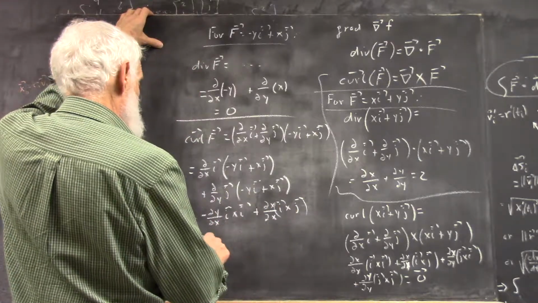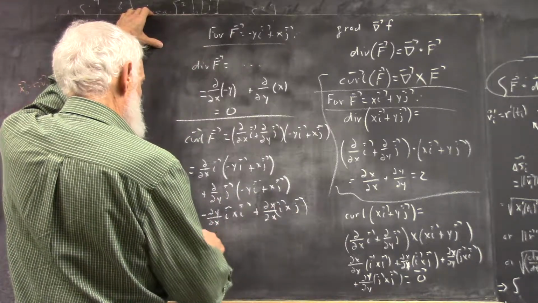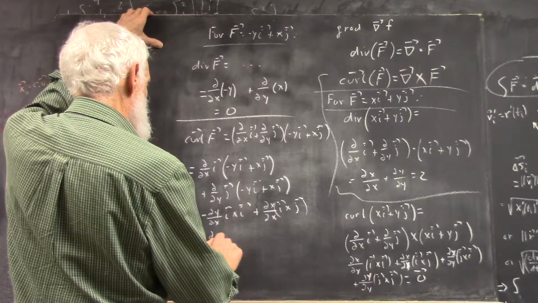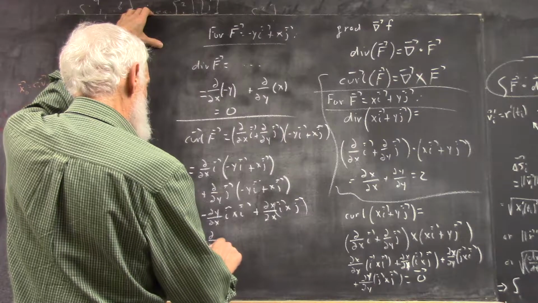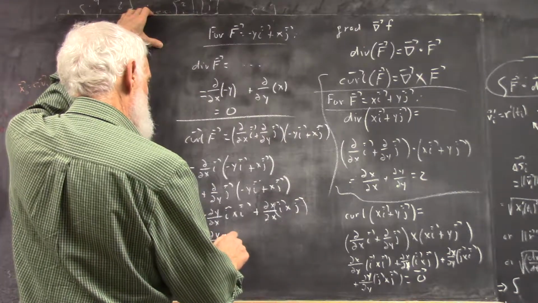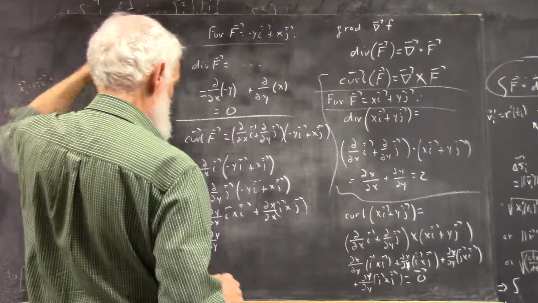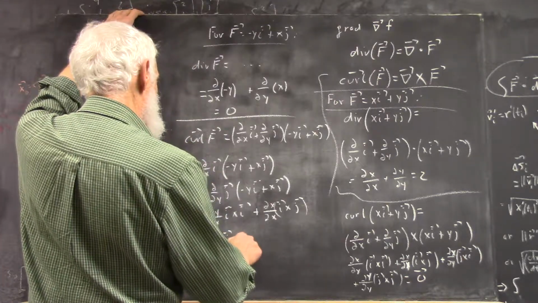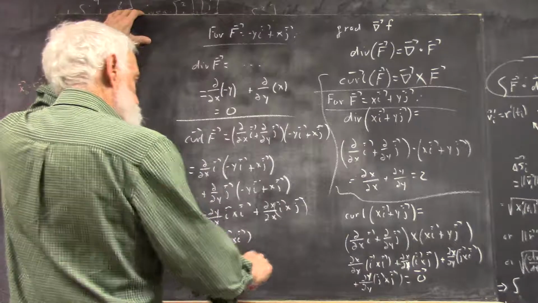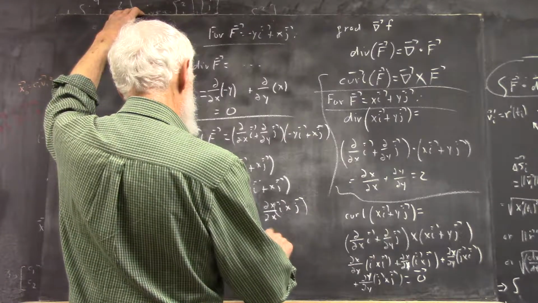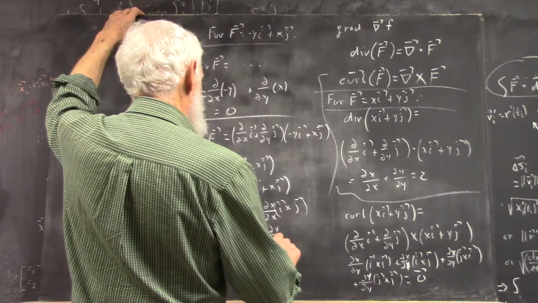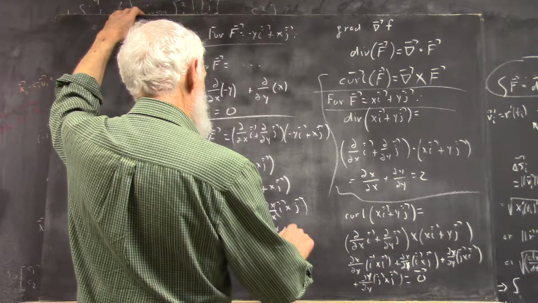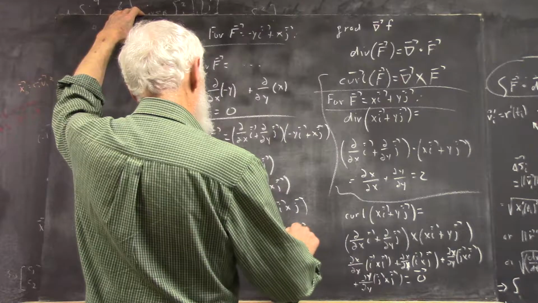And then it's actually going to be minus partial with respect to y of y, and then that's j times j cross i, plus the partial of x with respect to y multiplied by j cross j.